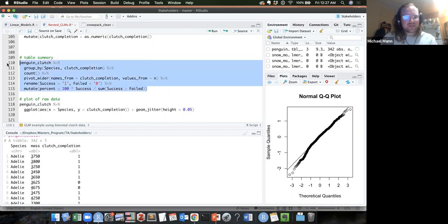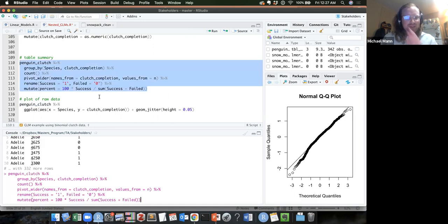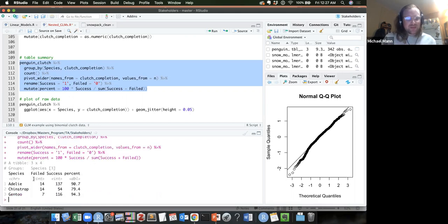This is just me counting up the failures and successes for each of them, so you can get an idea of how the counts change. There's fewer samples for chinstraps than the other two, but you can see the chinstraps had a much lower success rate than the other species.